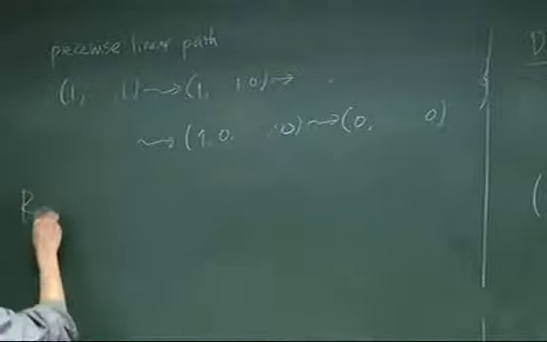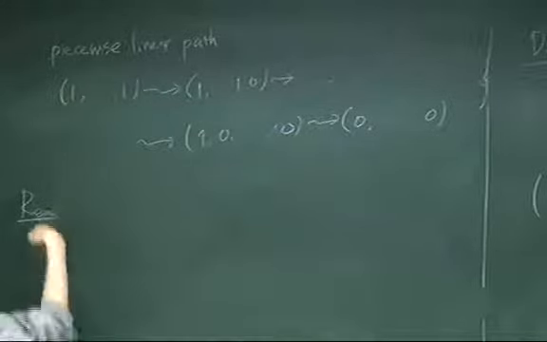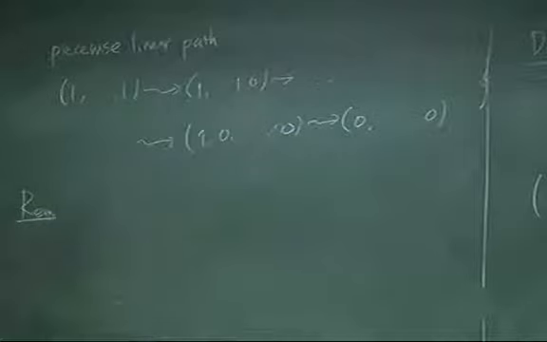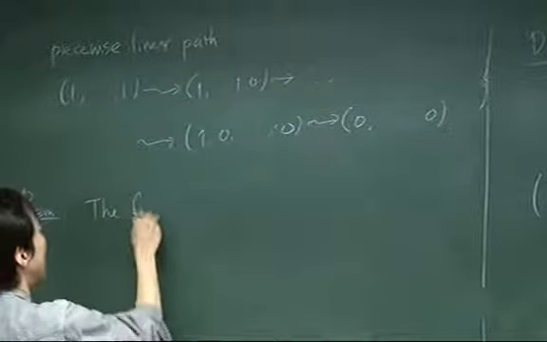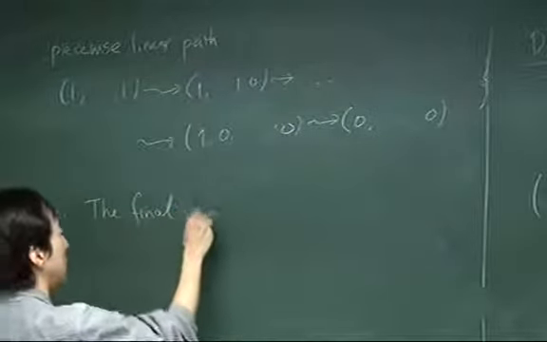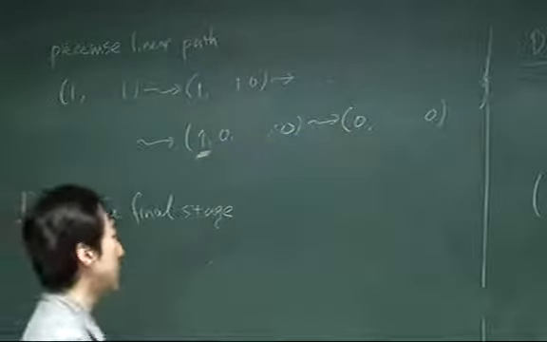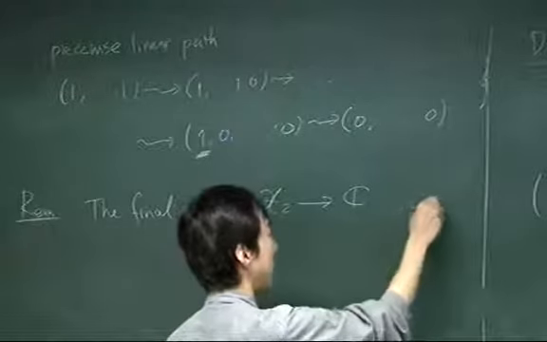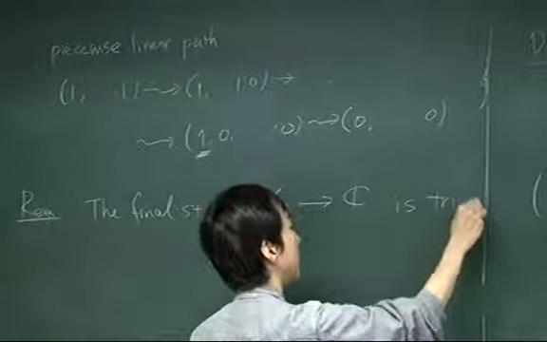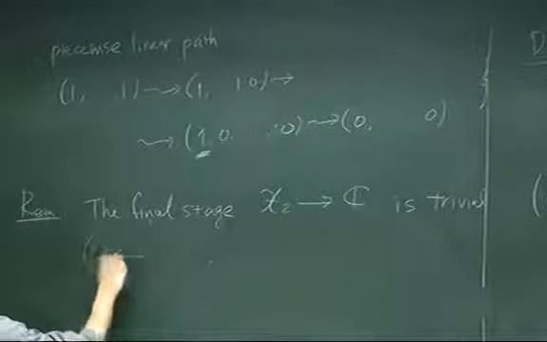But here is a remark. Now we have n-1 parameters, so this consists of n-1 stages. But the final stage, corresponding to this first parameter, is a trivial family.